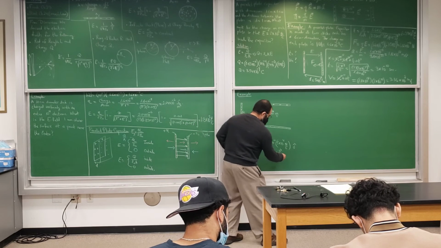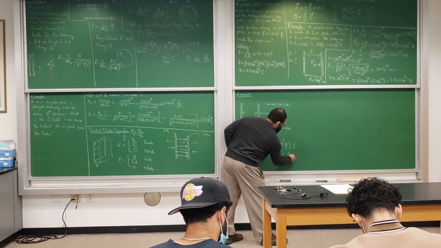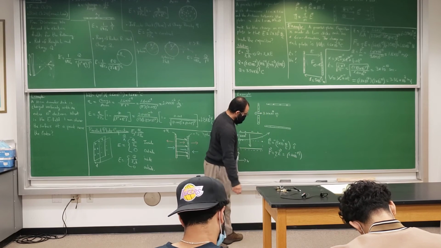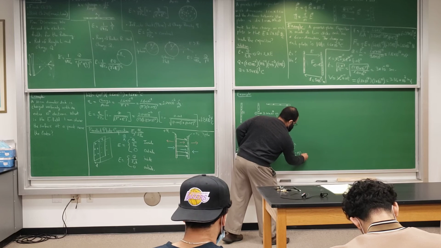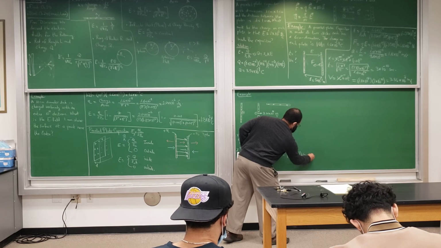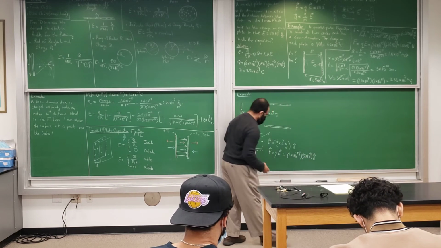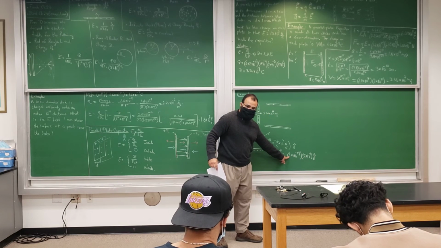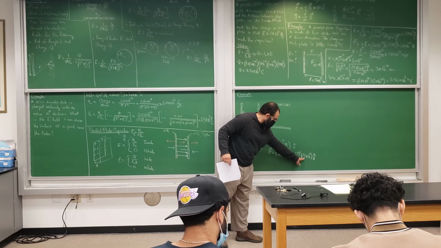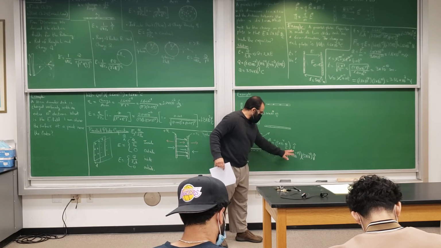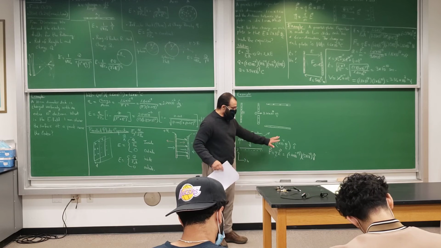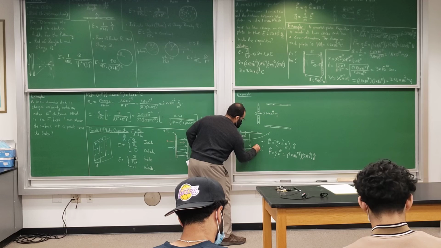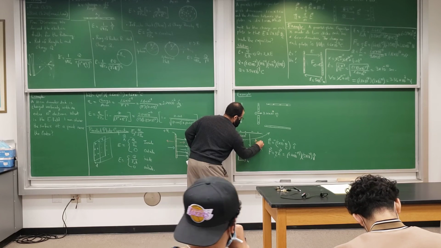So we'll end up with 1.6 times 10 to the minus 19, from the charge of an electron, times the electric field, 5 times 10 to the 4th j hat. So in other words, the force is up.